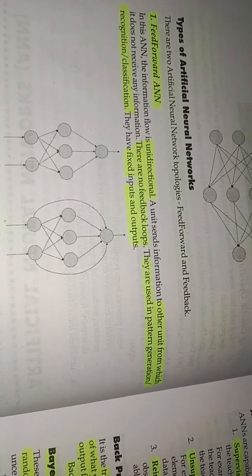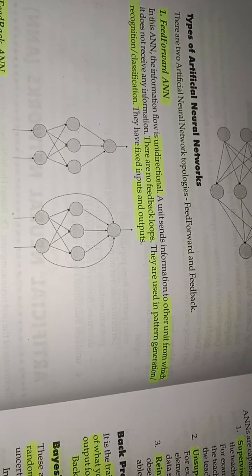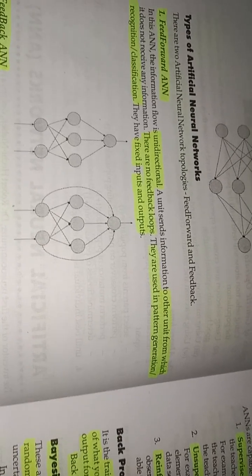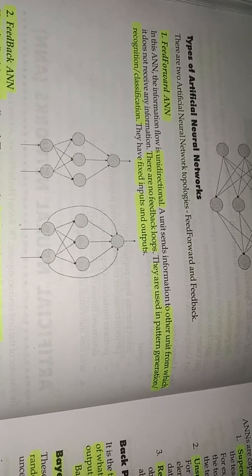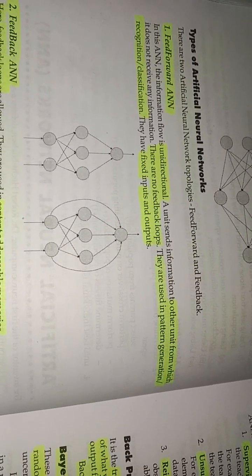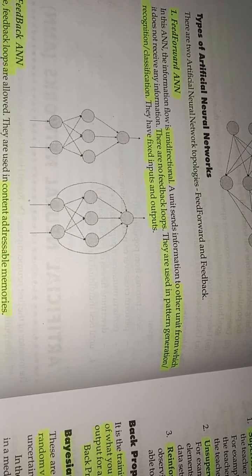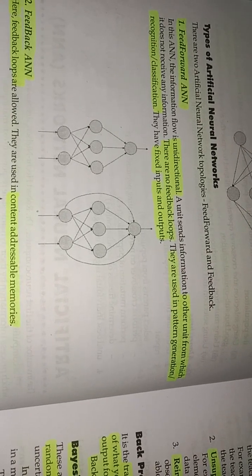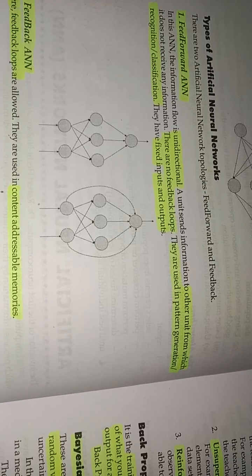In this artificial neural network, the information flow is unidirectional. A unit sends information to another unit from which it does not receive any information. There are no feedback loops. They are used in pattern generation, recognition, and classification. They have fixed inputs and outputs.